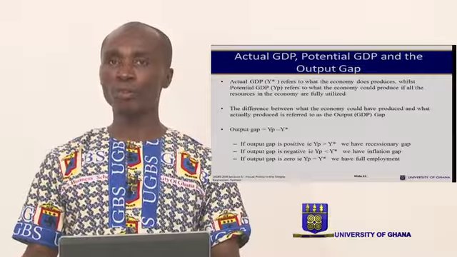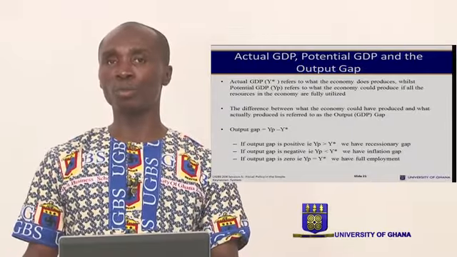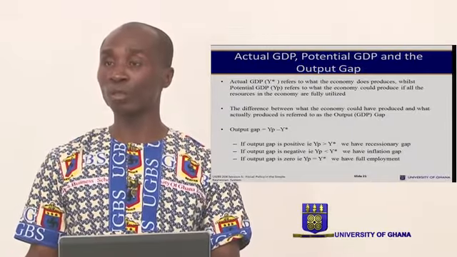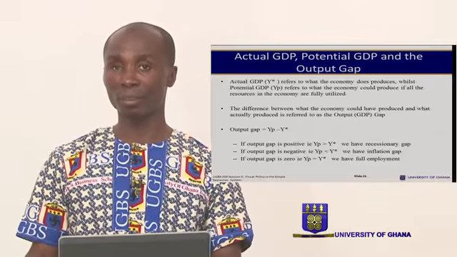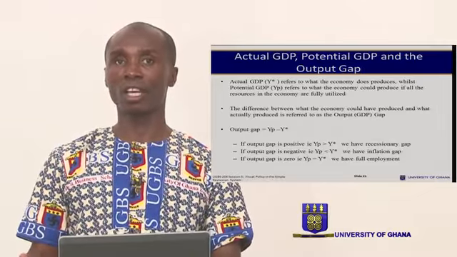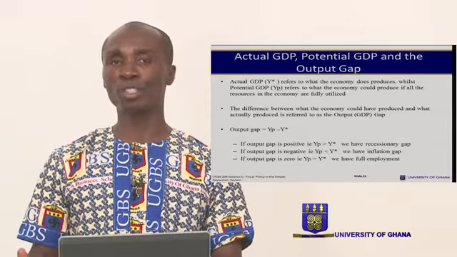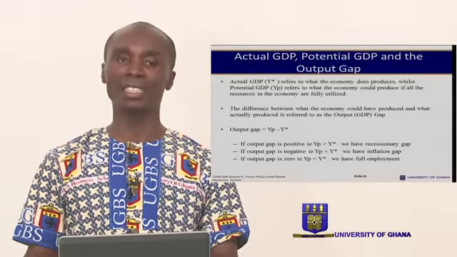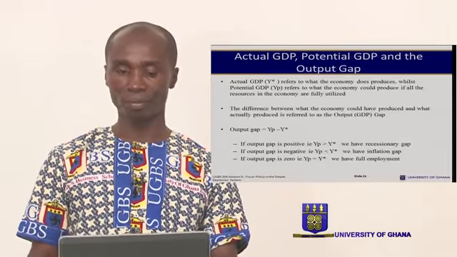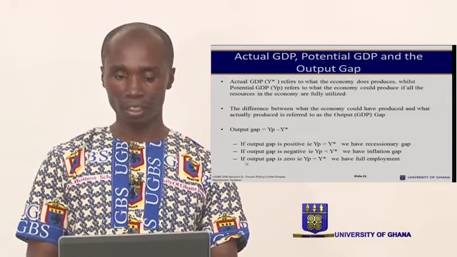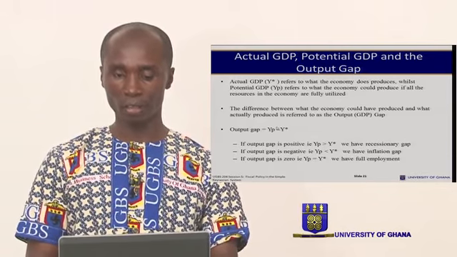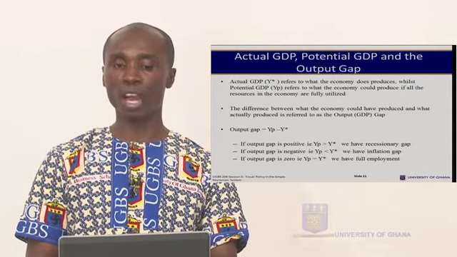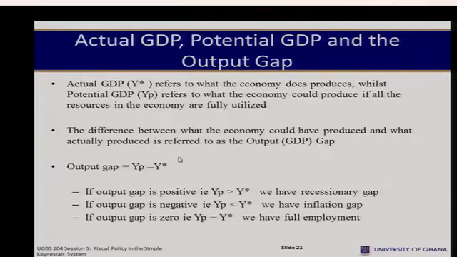Now, the difference between the actual output we produce and the potential output is called the output gap. The output gap is the difference between the potential GDP and the actual GDP. As this expression tells us, this is how we define the output gap. In this case, YP is the potential and Y star is the actual.